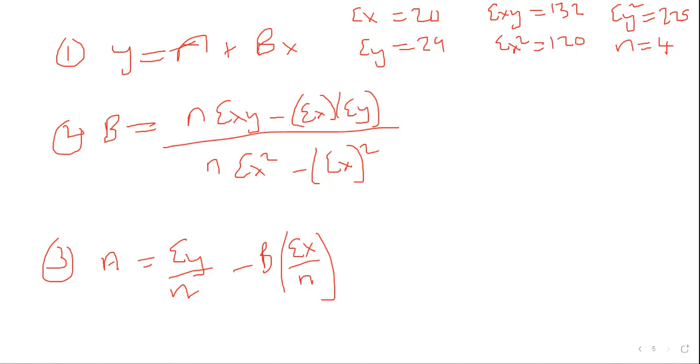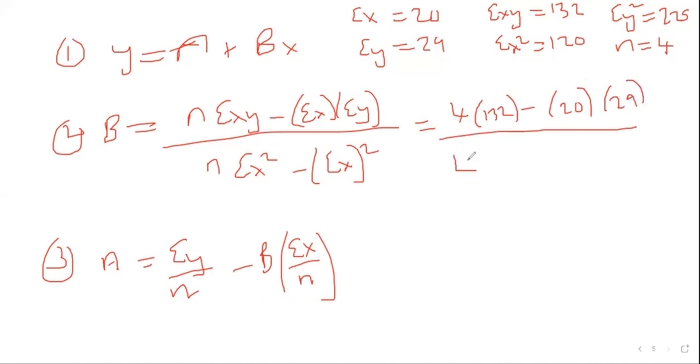Then what remains is just substituting our values in there. To find the slope, where there's n, we put 4. For the summation of xy, we put 132. For the summation of x, we put 20. For the summation of y, we put 29. Then we go down there. N is still 4.